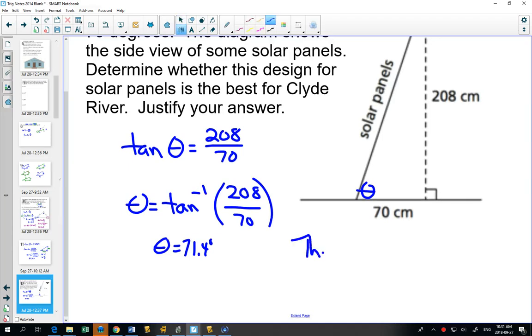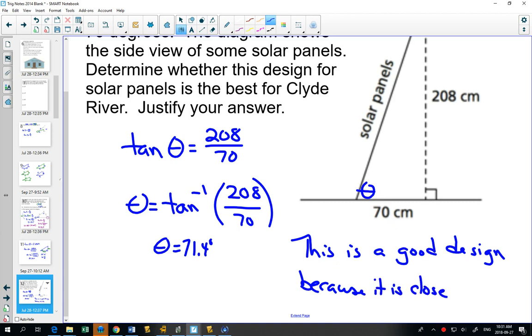I'd say that's pretty close. It is a good design because it is close to 70 degrees.